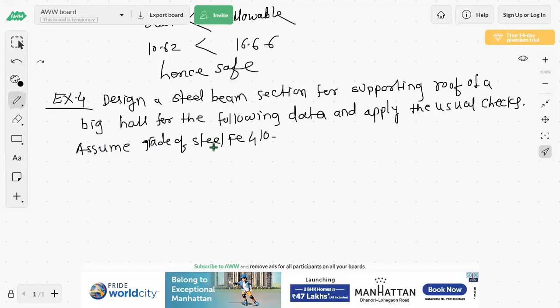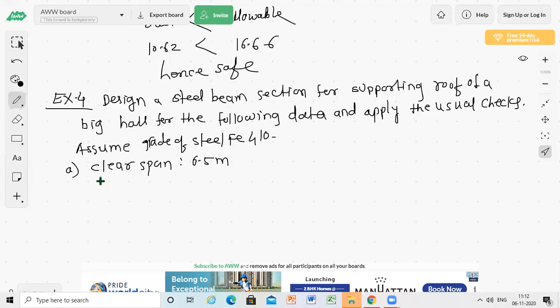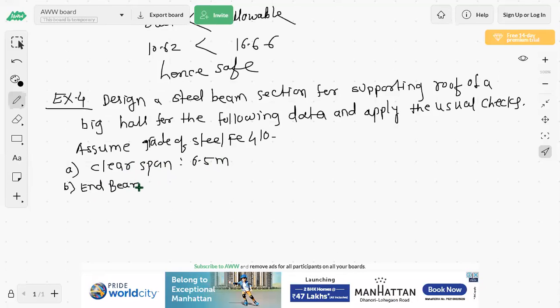Okay, so following data is next: small a, clear span is 6.5 meter. Then small b, end bearings is equal to 150 mm.